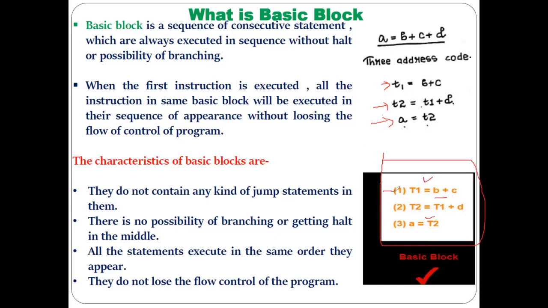So these are continuous statements. There is no jump in between these statements, because after the first the second is going to execute, and after the second the third is going to execute. If there is no branching and no jumping in between this set of statements, then that sequence of consecutive statements is referred to as what? The basic block. Understood?